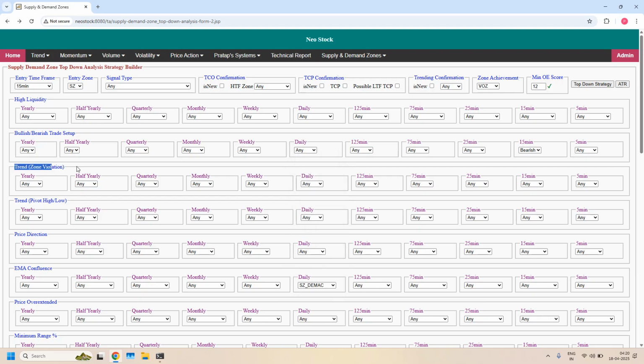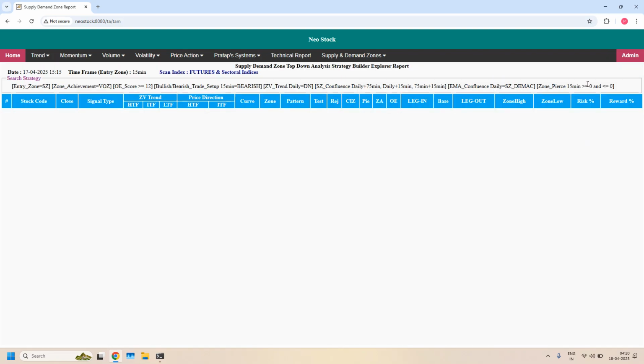At the same time, trend on the daily should not be sideways. It should be downtrend because it is bearish trade setup. So with this filter, again we don't have any stocks. Okay, this is about a bearish trade setup for daily income trade.